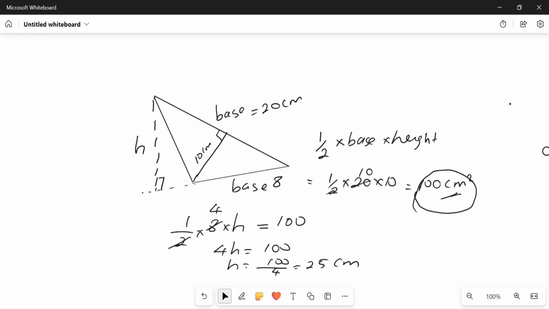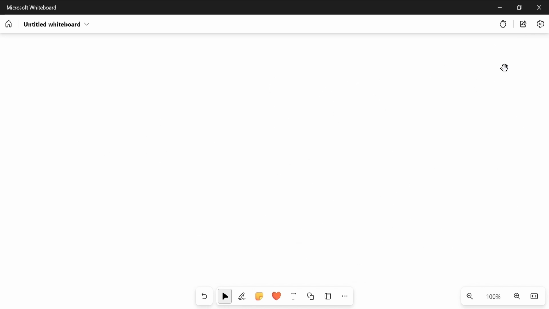Right. Now let's see how to find the area of a rhombus. Rhombus, we all know, it's a closed figure with 4 sides, but the lengths are all equal. Say it is 5, this is 5, this is 5, this is a rhombus.